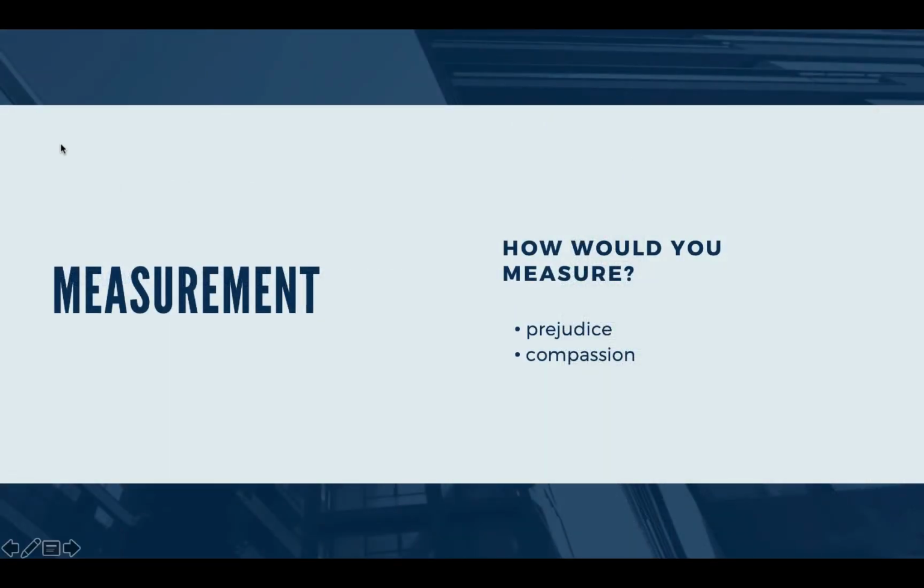However, we can get into some very confusing situations with different aspects of the social world. For example, using the previous example of age or political party affiliation, we have a general sense of measuring it. However, there are more complex things about the social world that are more difficult to measure, something like prejudice or compassion. So how would you measure prejudice or compassion?